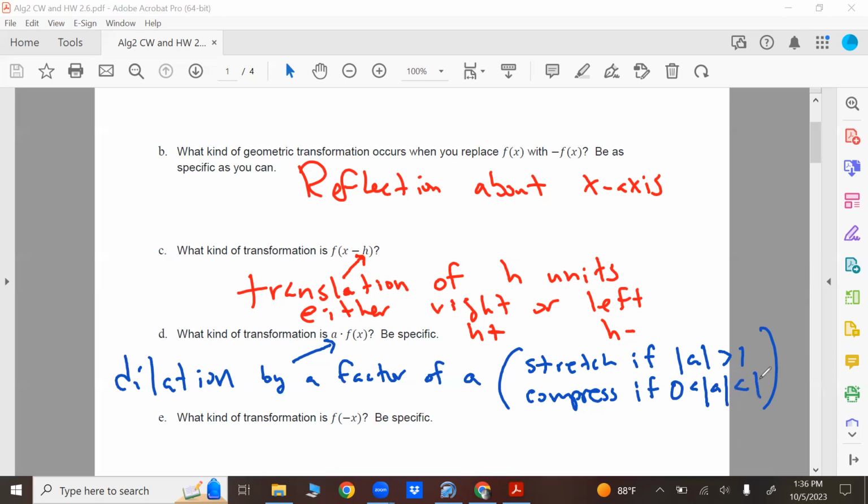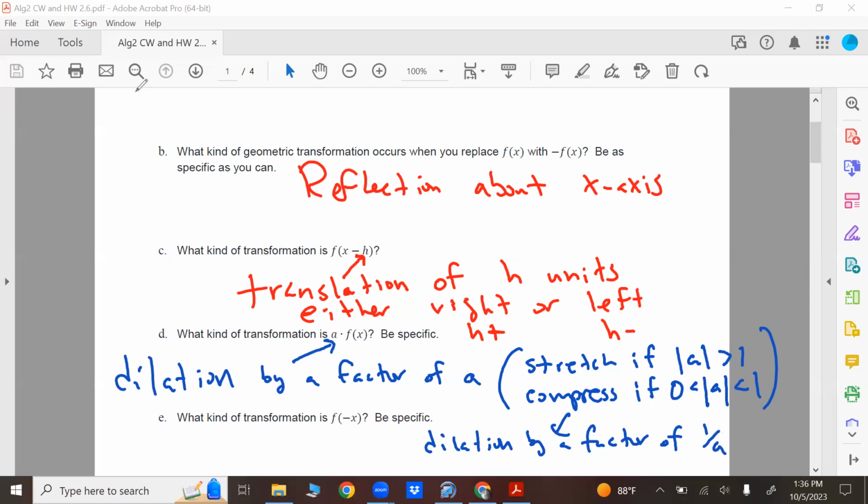That'd be a compress. And by the way, if it is a compress, then you're going to say dilation by a factor of 1 over a. So I want to be clear about that.